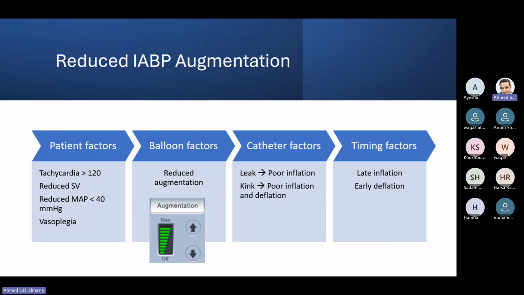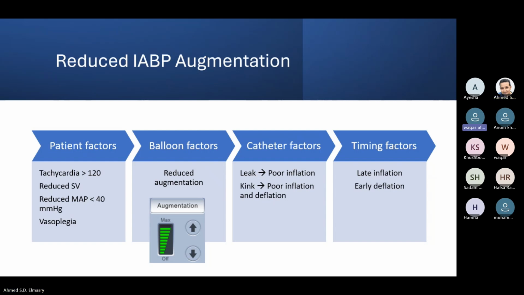Many patients you will find mixed due to timing factors and patient factors, so you have to treat both. If the patient is vasoplegic, we start the vasopressor? Yes. If he has low MAP, diastolic pressure less than 40, MAP less than 60, you have to start vasopressors.